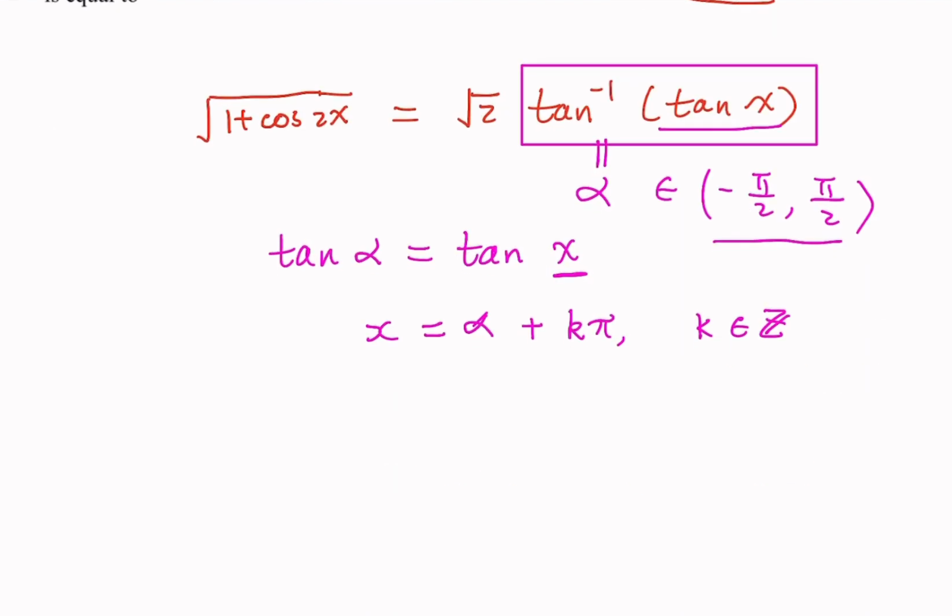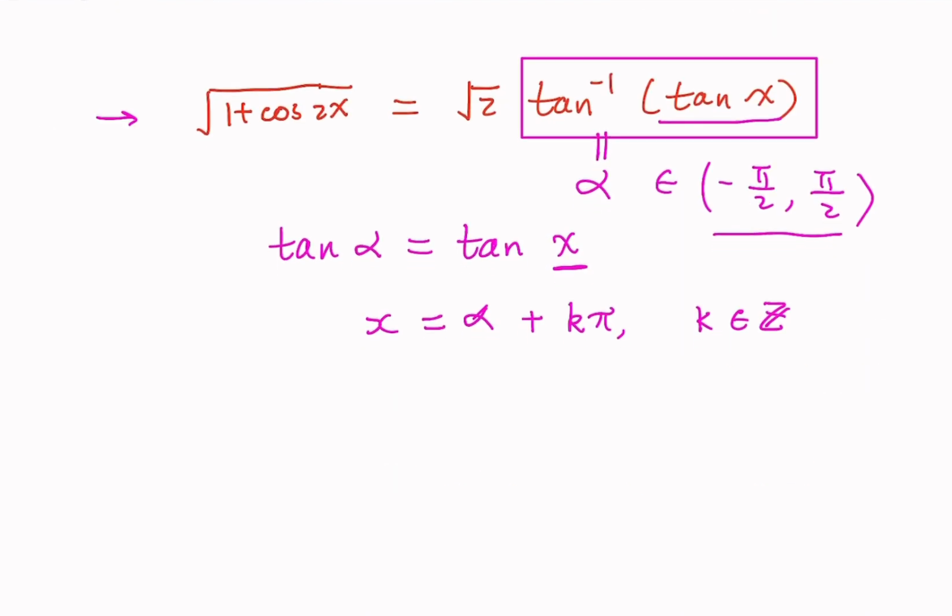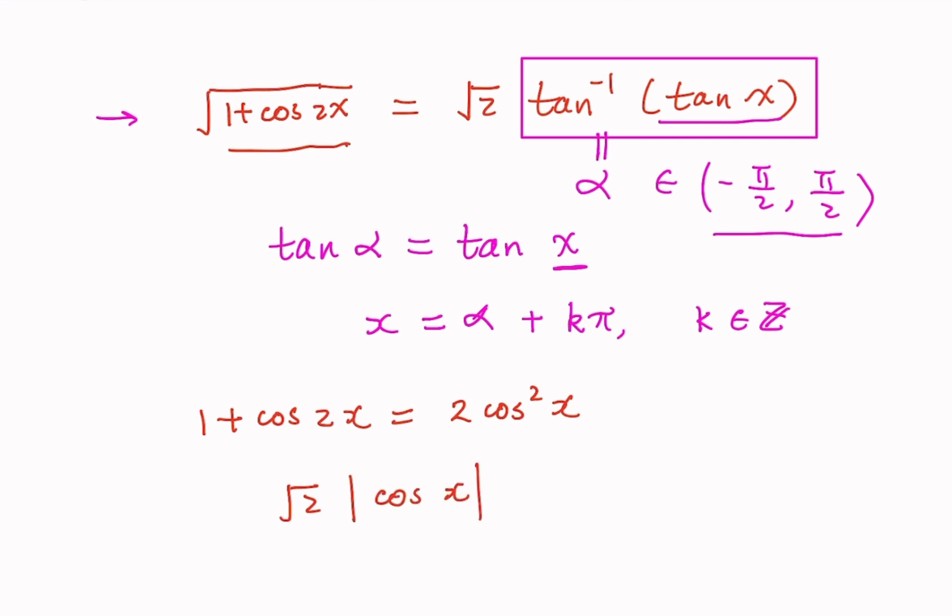So let's rewrite this equation now. For this left-hand side, using the trig identity, this quantity is going to be 2 cosine square x. And if you put a square root, you're going to get square root of 2 times the absolute value of cosine x, because cosine x could be positive or negative, equal to square root of 2 times alpha. And x and alpha are related by this.